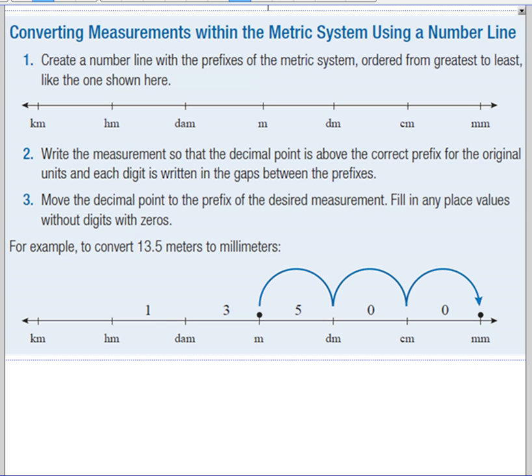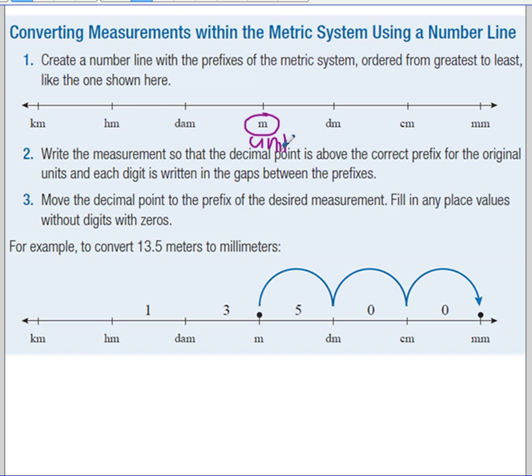And so one way to know how many times bigger or times smaller you're going is using a number line. It's very helpful. And so notice we have this number line with our meter in the middle, that's our units. And then here's our decimeter, centimeter, millimeter.